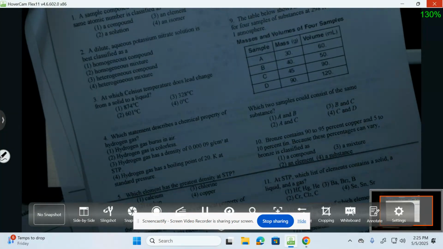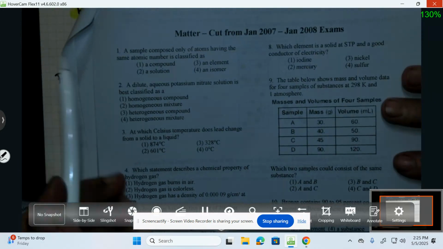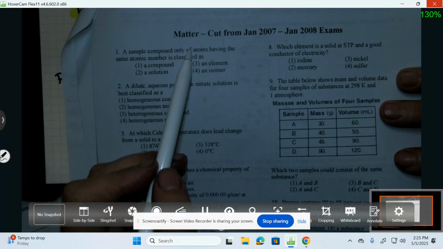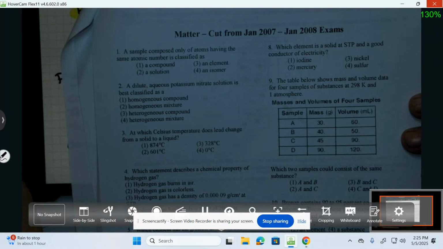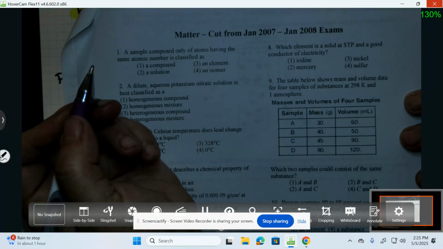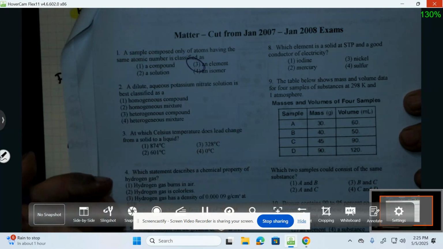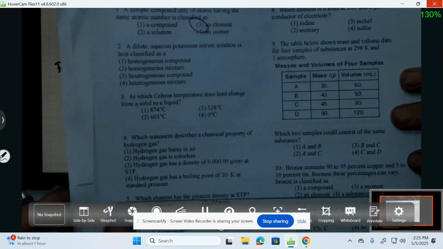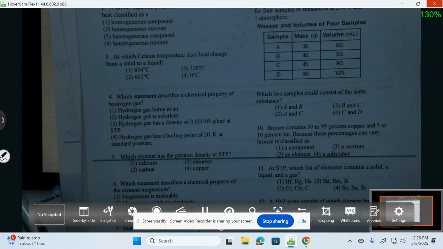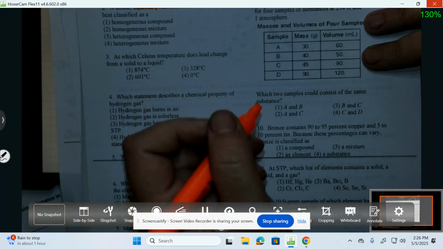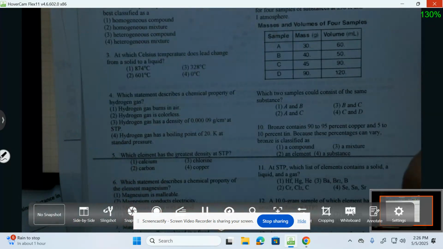All right, let's take a look at some questions. A sample composed of only atoms having the same atomic number is considered an element. A dilute aqueous potassium nitrate solution. Here are the key words: aqueous and solution.